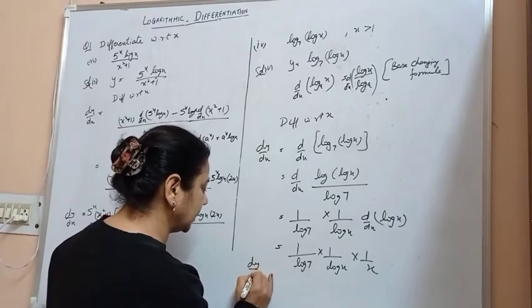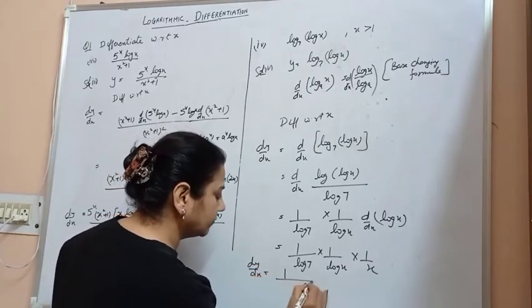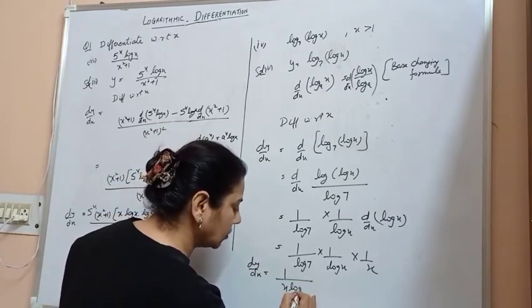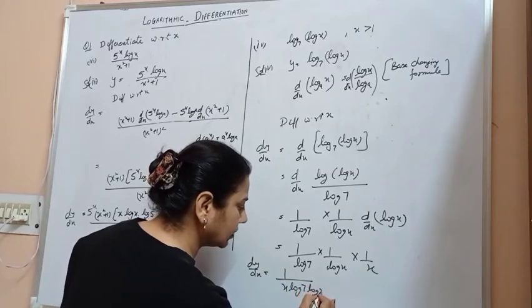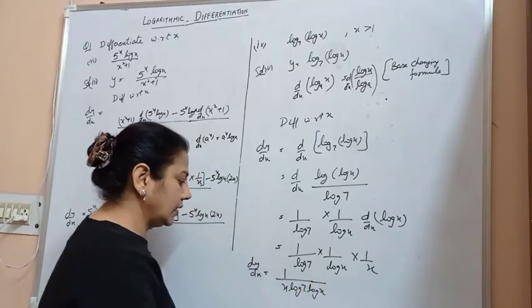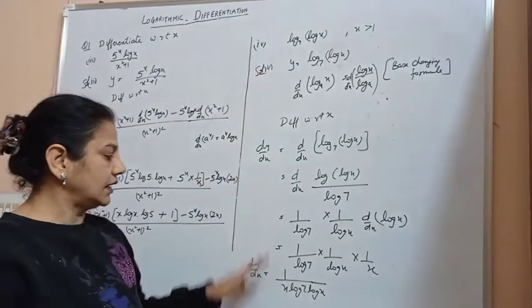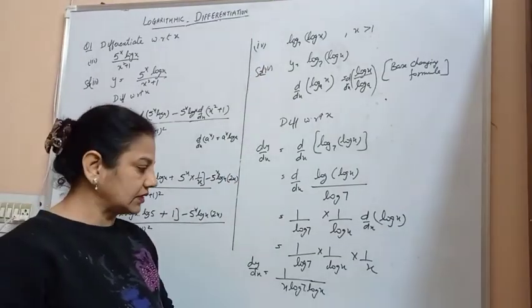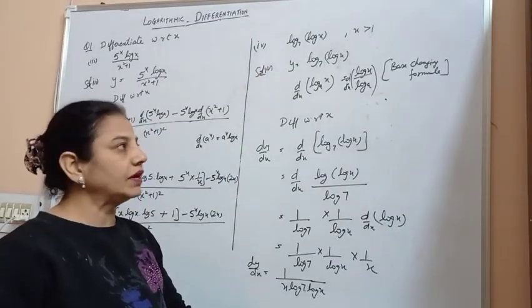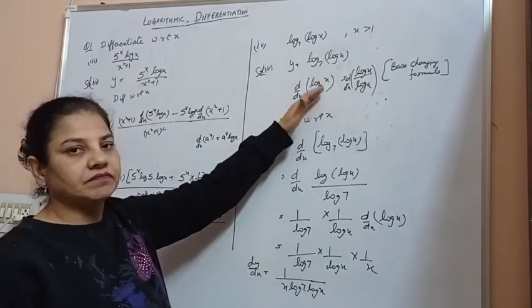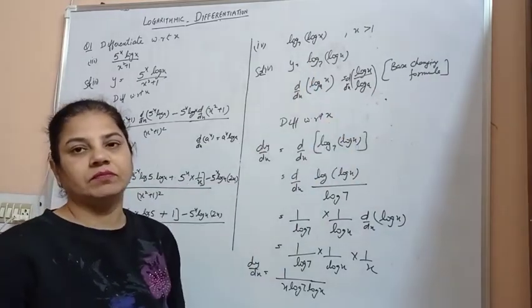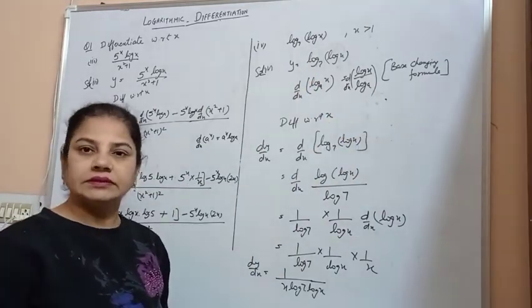So the derivative of the given function is 1 upon x log 7 log x. How have we calculated? Just change the given function by the base changing formula and then we get the result.